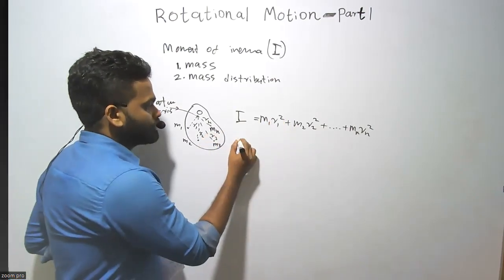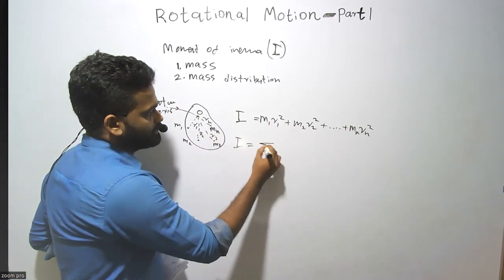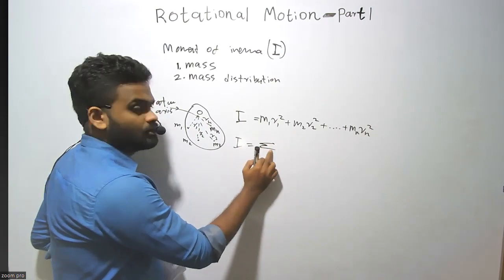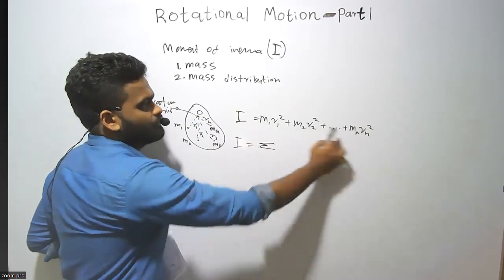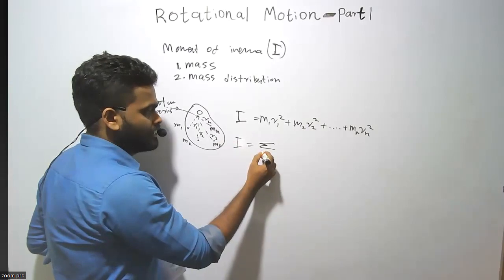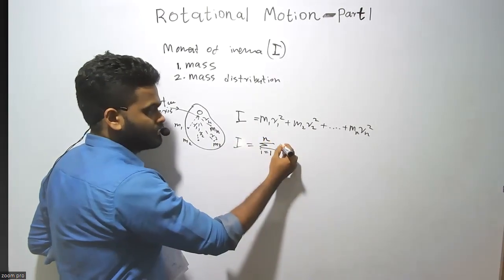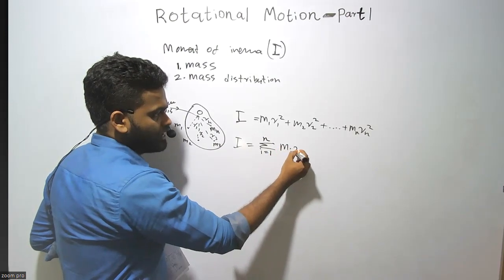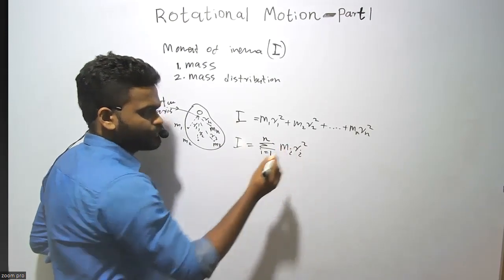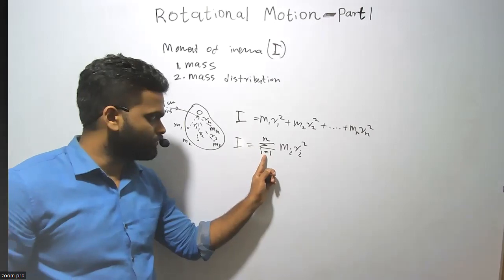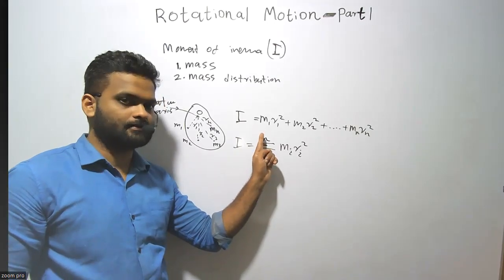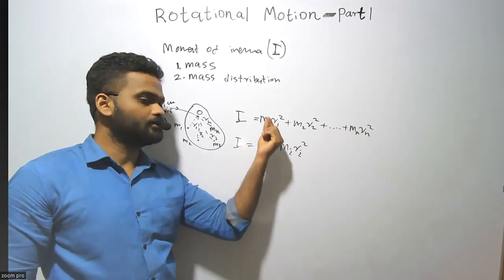So in a shorter form we can write this using sigma. This symbol means sum, right? Sum of all these, that's what it means. So from i equals 1 to n, you can put m_i r_i squared. So you just have to go from 1 to n, then take the sum of all those.